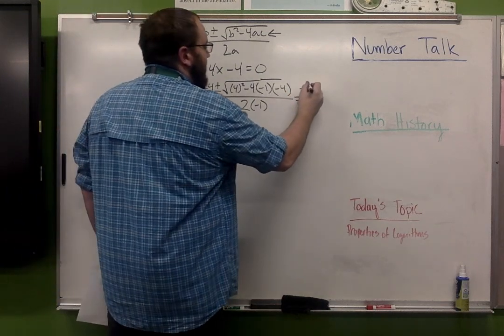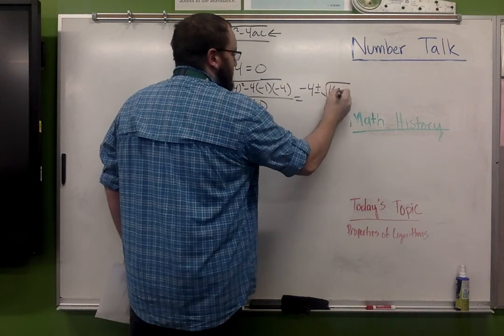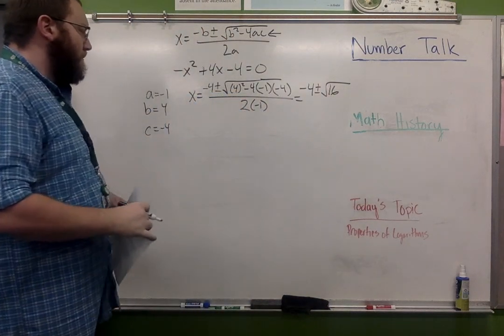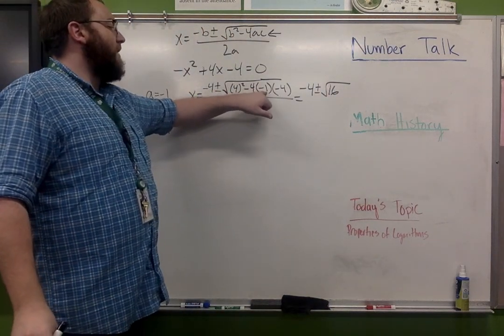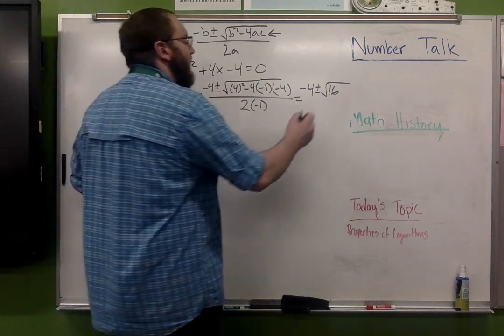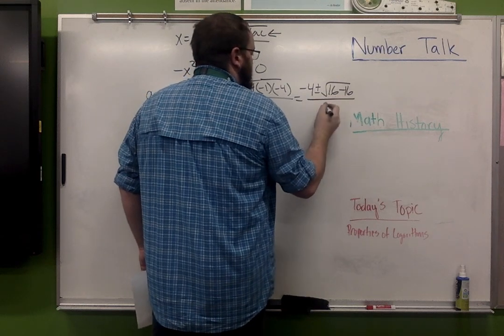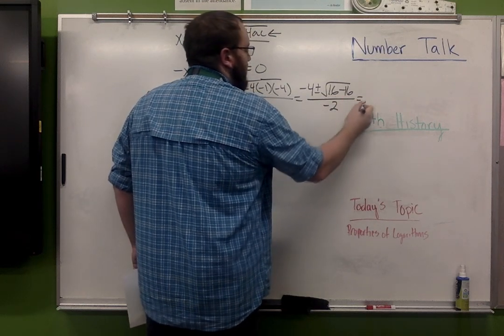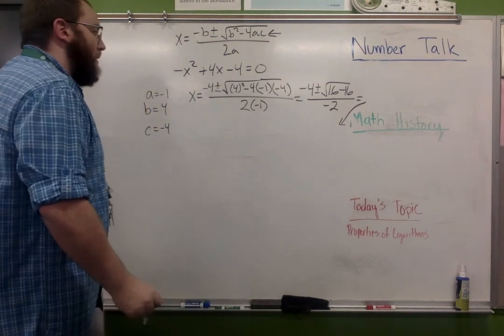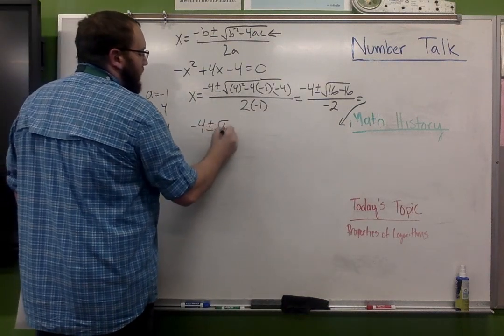So simplify, negative 4 plus or minus 4 squared is 16. Negative 4 times negative 1 is positive 4, times negative 4 is negative 16. 2 times negative 1 is negative 2. 16 minus 16 is 0.